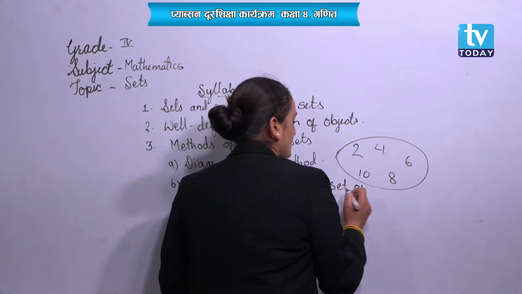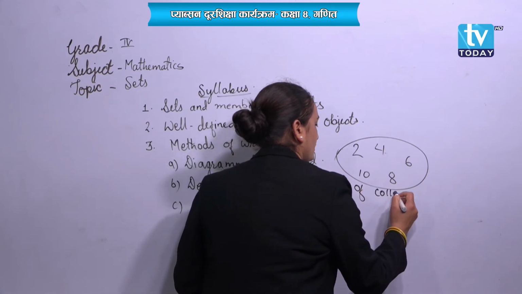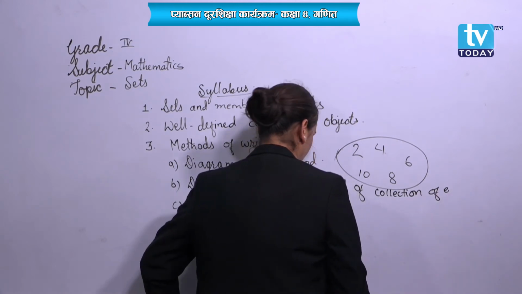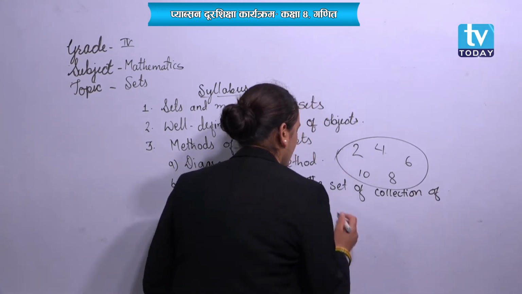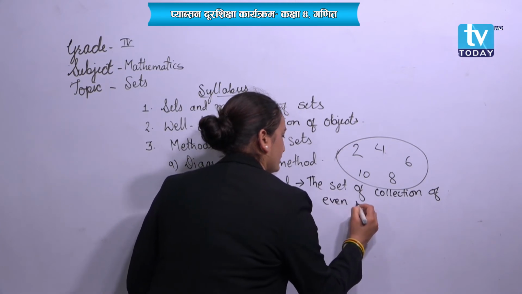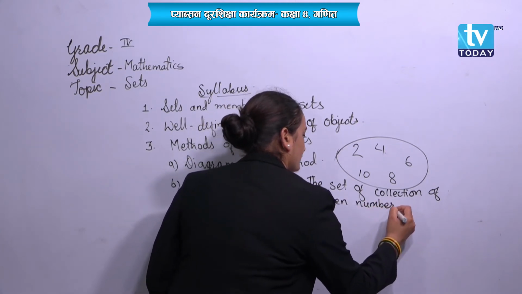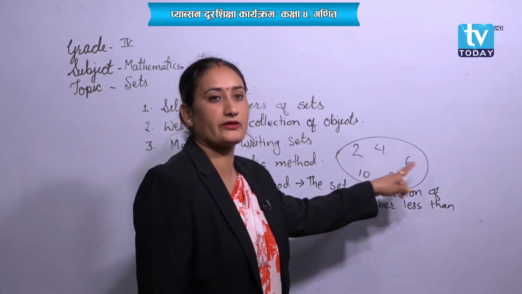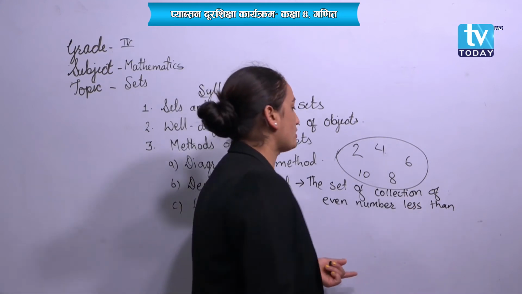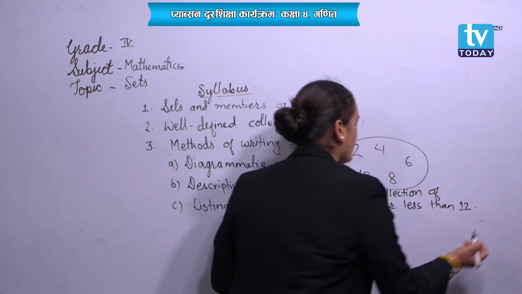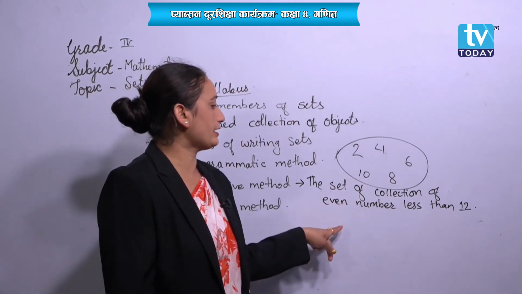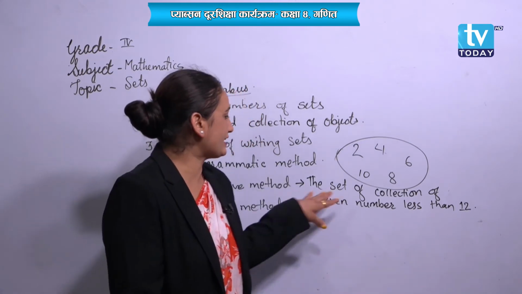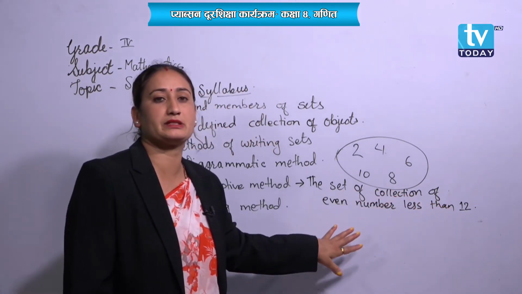The set of collection of even numbers less than 11, or you can write even numbers less than 12, as well as 12 also. The set of collection of even numbers less than 12. Done. This writing in words is known as the descriptive method.